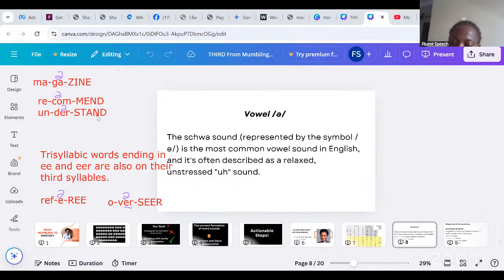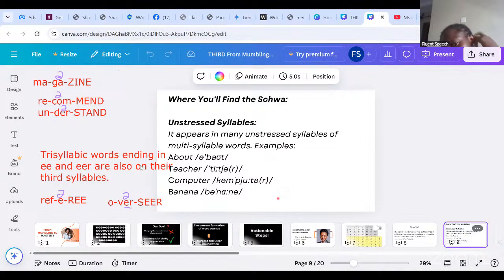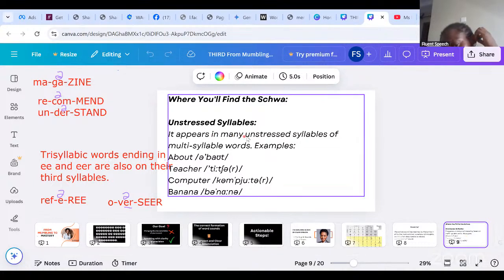So what I'm trying to explain here is that the schwa is mostly found in unstressed syllables. So the schwa appears mostly in unstressed syllables of multisyllabic words. Multisyllabic words are words that have more than one syllable.